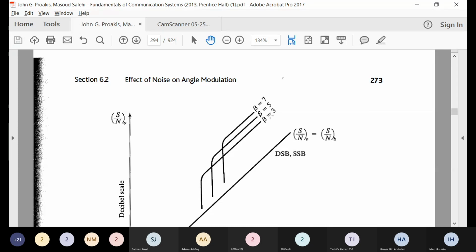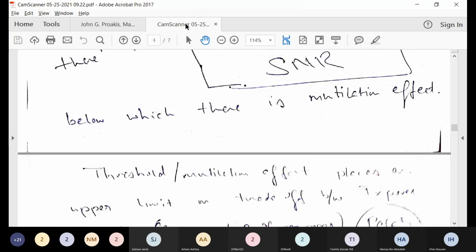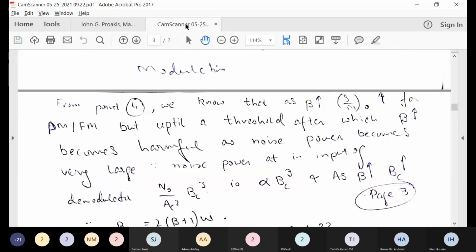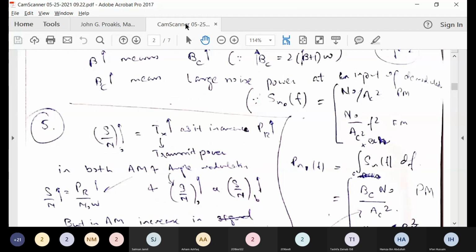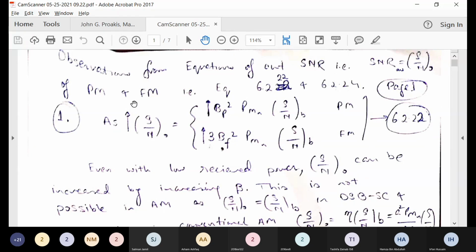But for FM systems, the signal to noise ratio at the output comes out to be some factor multiplied by the signal to noise ratio at the baseband level, as you can see here. So signal to noise ratio at the output is equal to some factor times the signal to noise ratio at the baseband level.